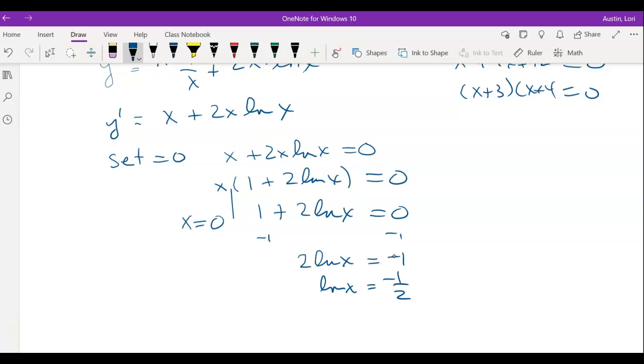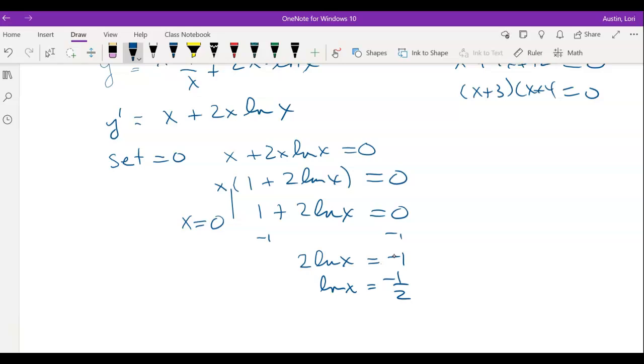Don't remember your logs very well? How do we solve an ln? ln has base what? E. So how do I rewrite this using E? There are two different ways to think of it.